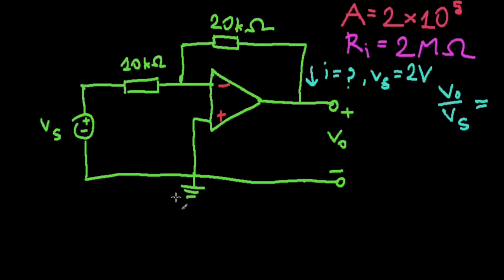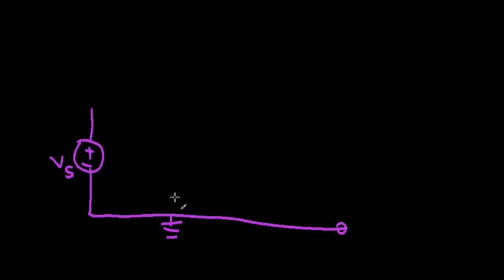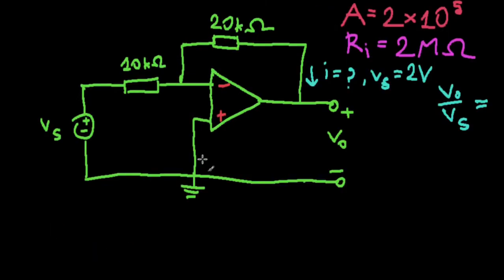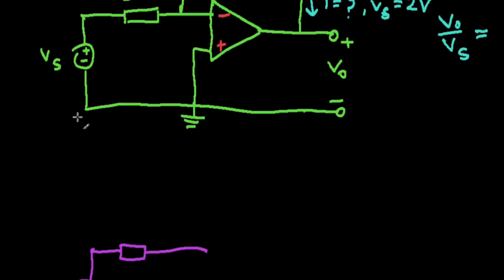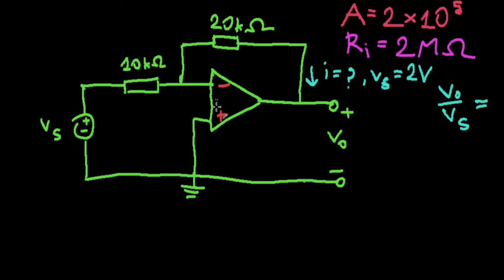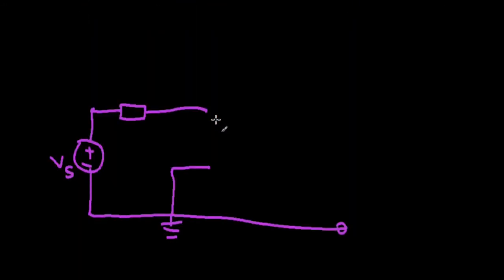You have your 10 kilo ohms, and a 10 kilo ohms here. This is important, and I'll draw this terminal all the way up to here. Between these two, you have input resistance.